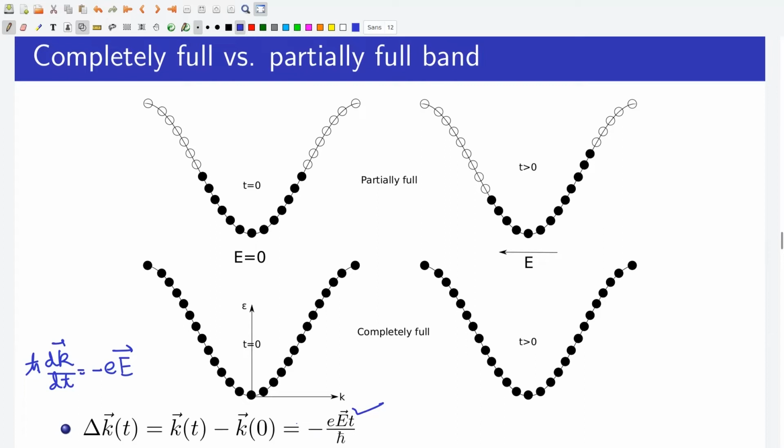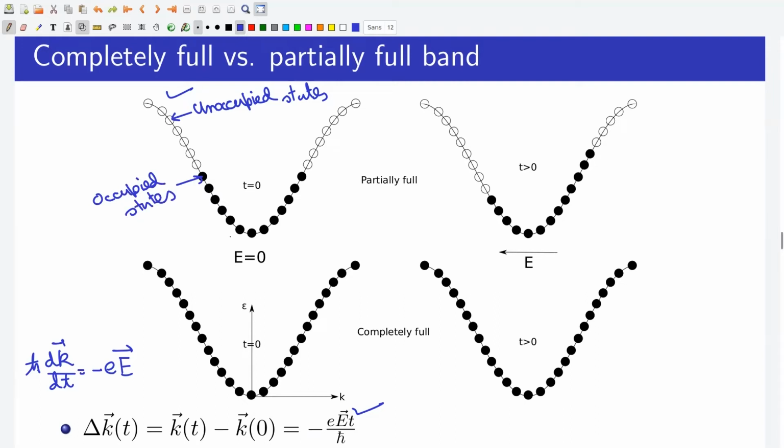Let us imagine that we have a partially full band. In this diagram, the open circles represent unoccupied states and the filled circles represent occupied states.